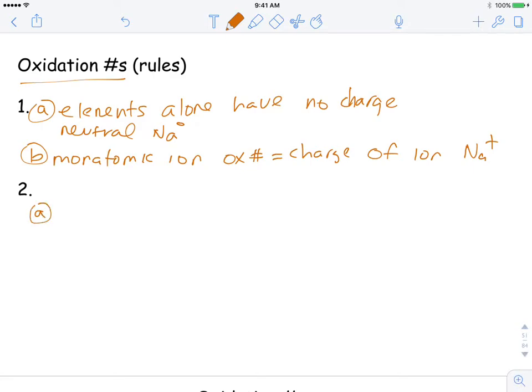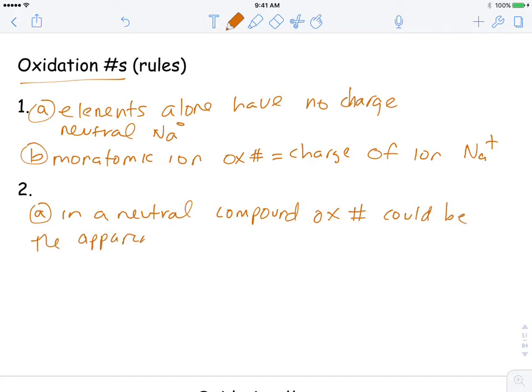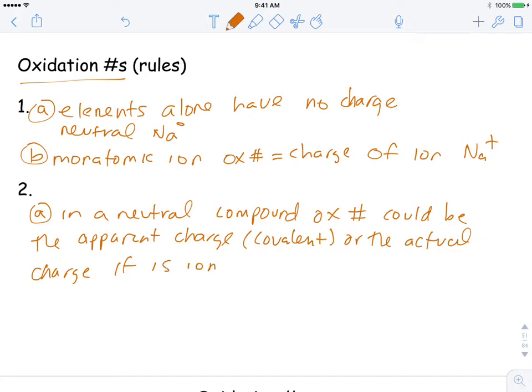So if I have a compound, and it's a neutral compound, the oxidation number could be the apparent charge if you're covalent, or the actual charge if the compound is ionic.